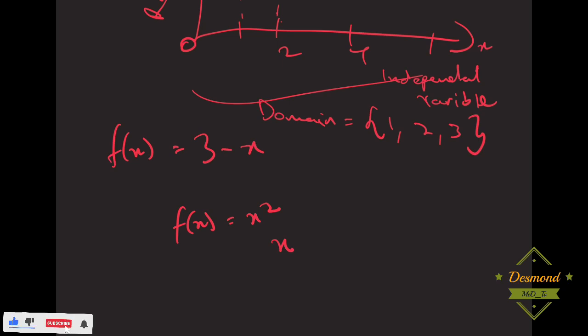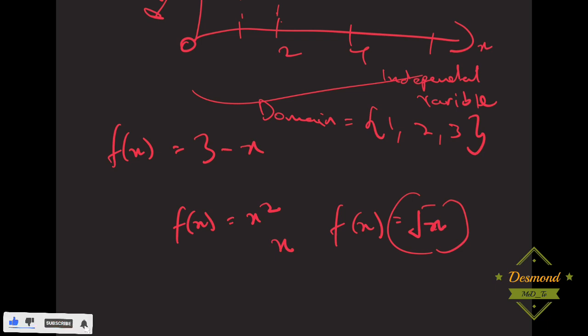On the other hand, the square root function f of x equal to root x only gives a real output if x is non-negative. So therefore, the domain of the function f of x equal to the square root of x right here is the set of non-negative real numbers, sometimes called the natural domain, right?